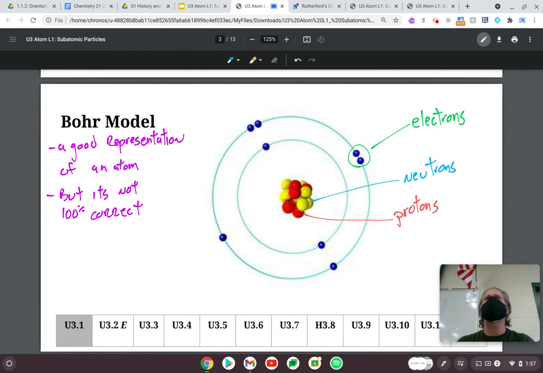So those are the basic parts of the atom. The protons, neutrons, and electrons are also made up of even smaller particles like quarks, neutrinos, and flavors, but we're not going to spend a lot of time talking about them because for the scope of this class, they're not super important.